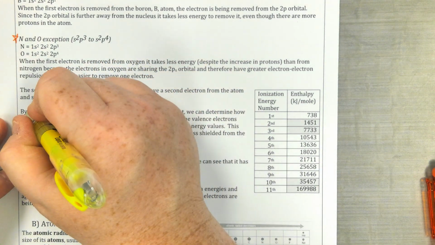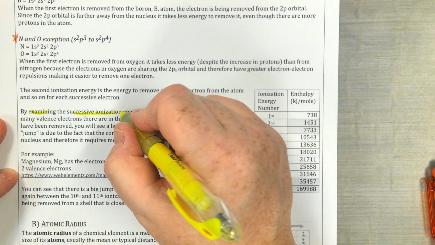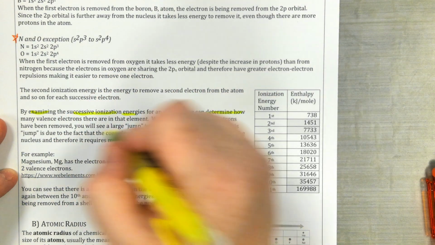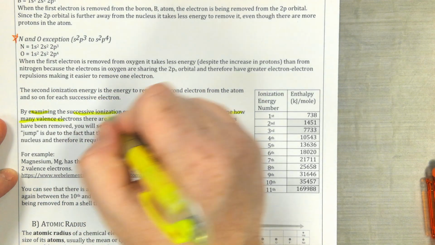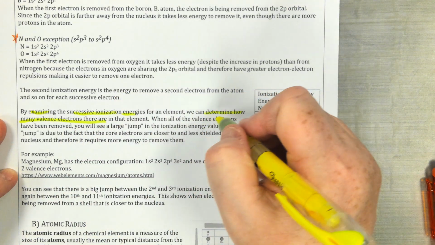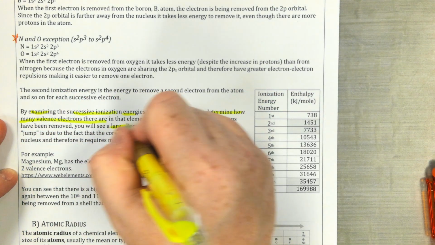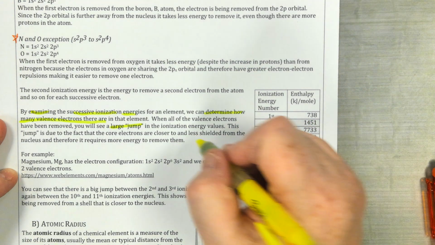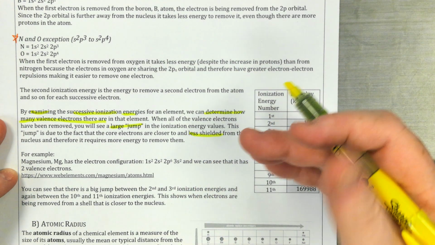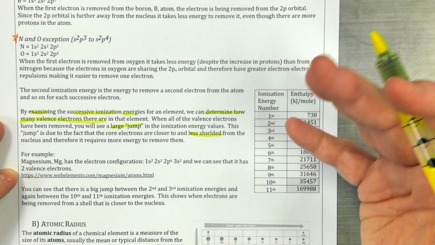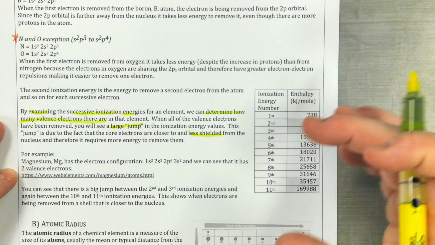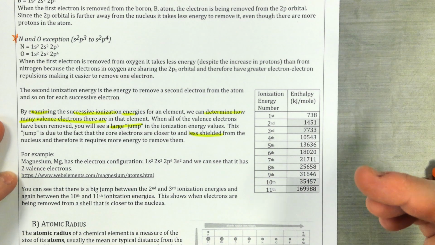By examining the successive ionization energies, we can determine how many valence electrons there are. And then once they're removed, you see that large jump. Okay, so there's less shielding from the inner electrons, and those protons have more positive charge to pull, so you get these huge jumps.